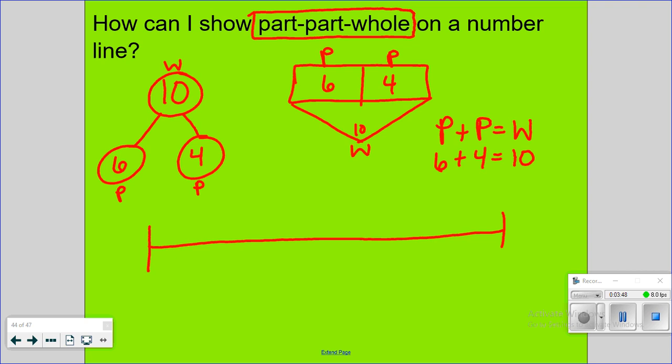We're going to start this number line at 0, because for us, most of our counting starts at 0, because then we go 1, 2, 3. So here we're going to start at 0. And I'm going to go from 0, 1 jump to my first number. Let's pretend my first number is just going to be 6. So I'm going to jump 0 to 6.